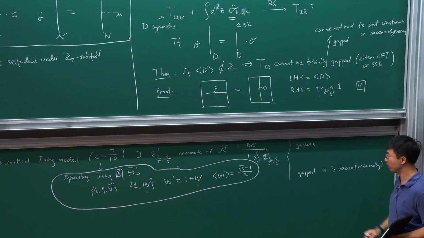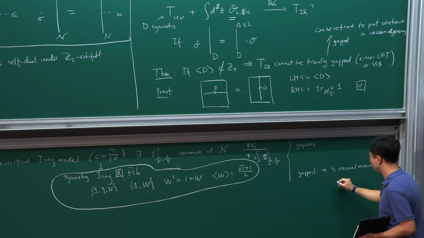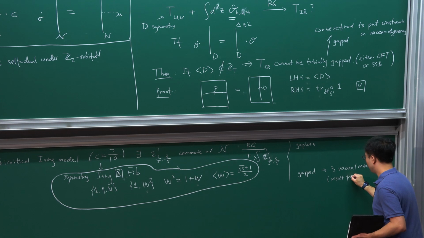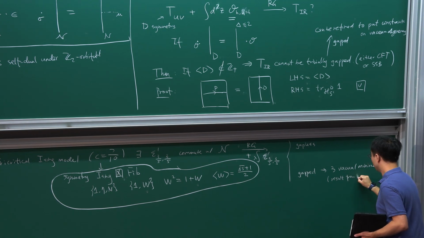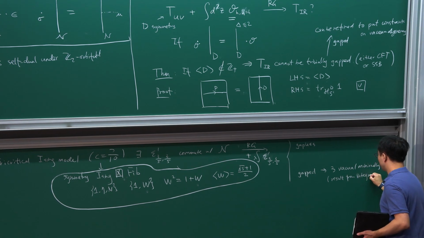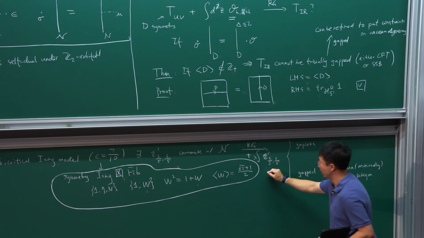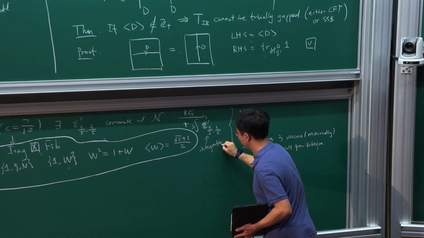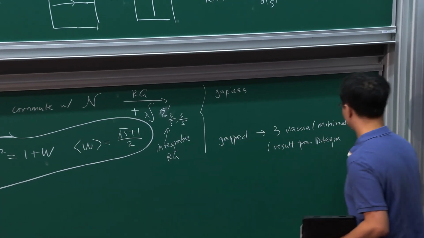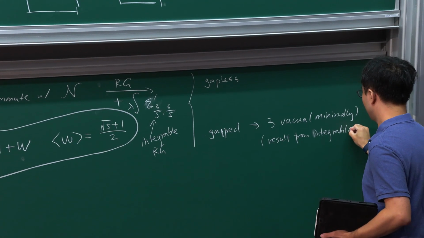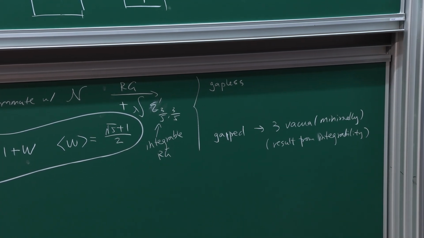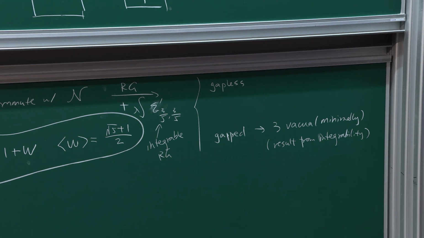Okay, and 3 is the minimum possibility, and this indeed agrees with the result from integrability. The reason being that this deformation actually generates an integrable RG flow. So this confirms the dynamical prediction that we deduced from the symmetry.